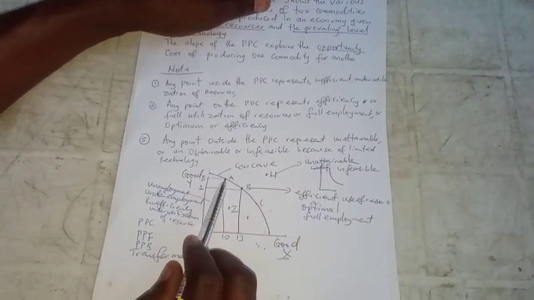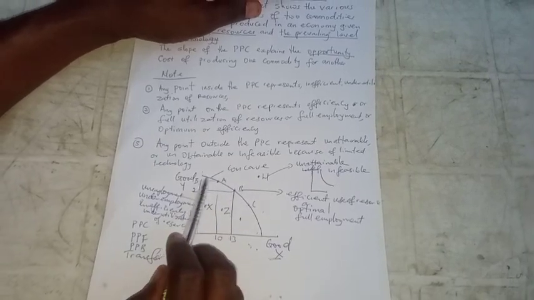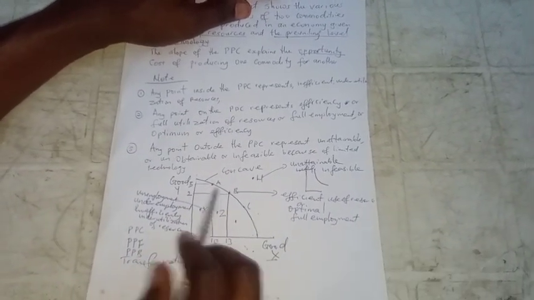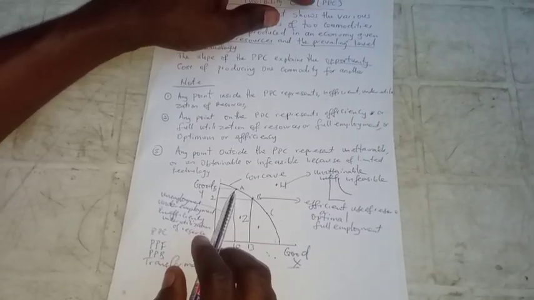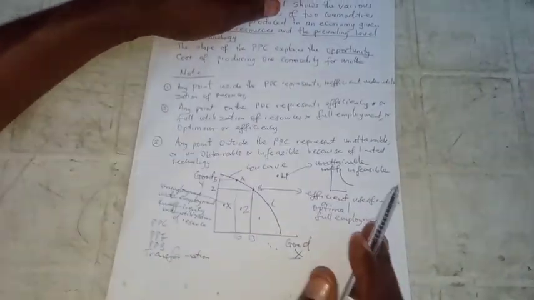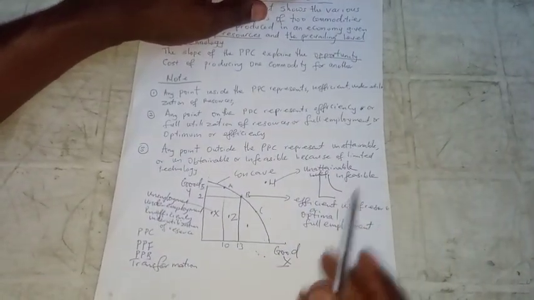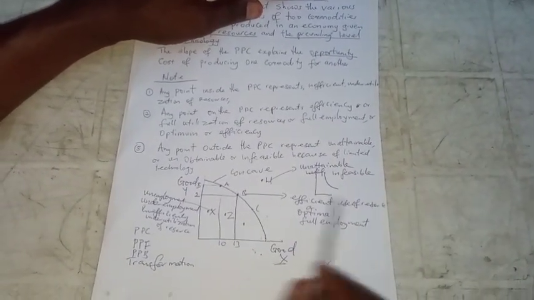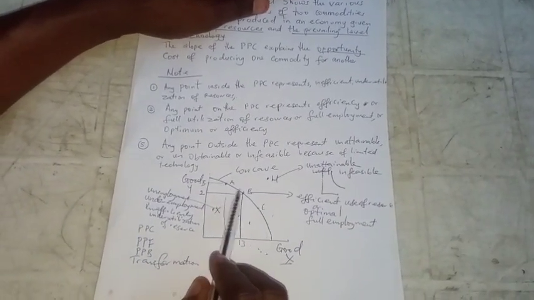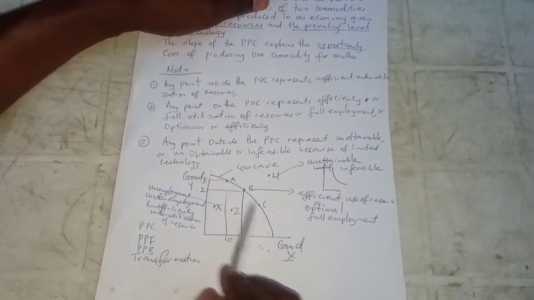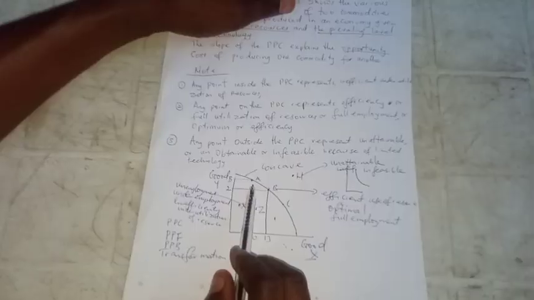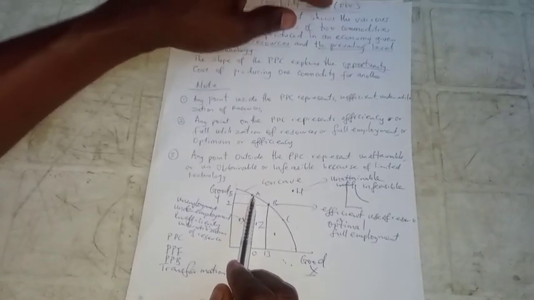Let's say you're operating at point A, point B, point C. It means your resources are fully utilized. For instance, if you go to the farmland by 6 a.m. and you work till 6 p.m., no idleness. You work efficiently. You work round the clock. It means that you'll be operating at this point. Let's say after working for the whole day, you are producing cassava and you end up producing 300 bags.